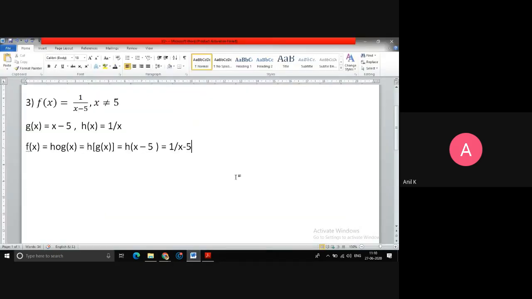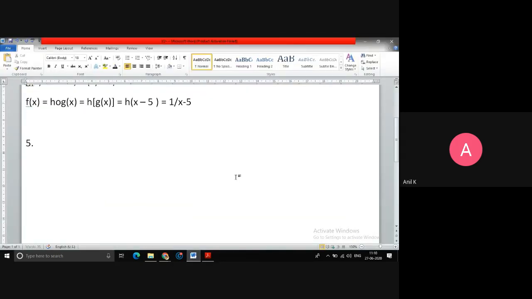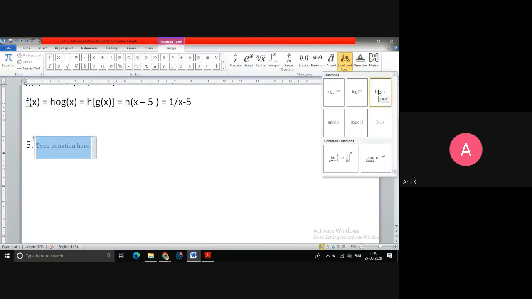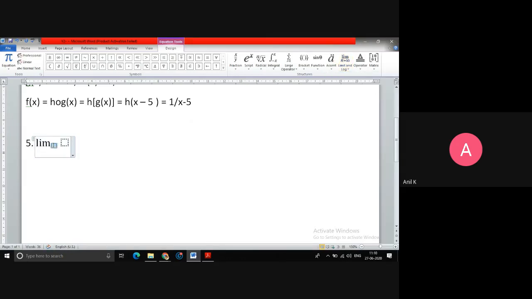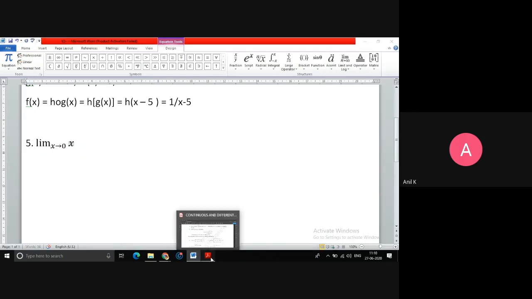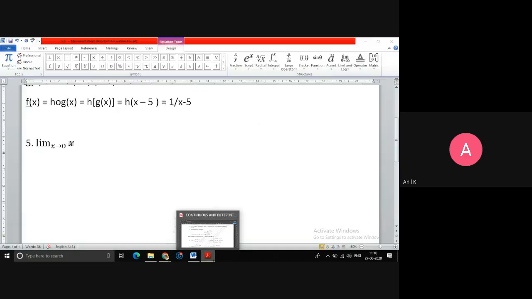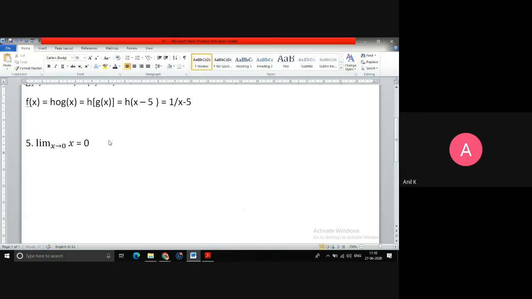So here, for question number 5, I have to check the limit as x tends to 0. Here f of x is going to be x because 0 is less than 1. So it will give me the answer 0 only. And even if I find f of 0, f of 0 also will give me 0 only.